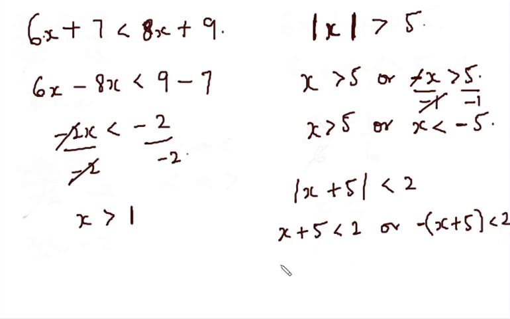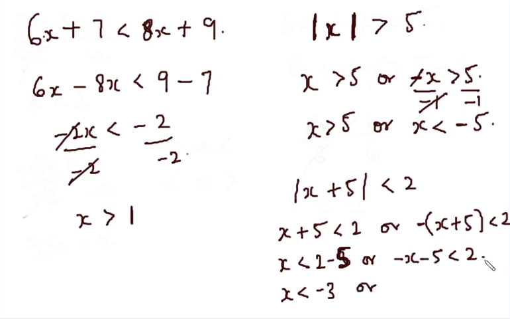If you simplify this, x is less than, as 5 is going to the other side, 2 minus 5, or minus x minus 5 is less than 2. So x is less than minus 3, or minus x, as minus 5 is going over to this side, becomes a positive. So we have minus x less than 2 plus 5. This is already simplified.